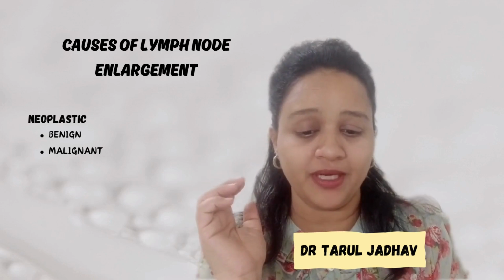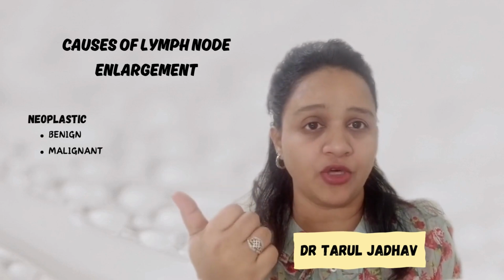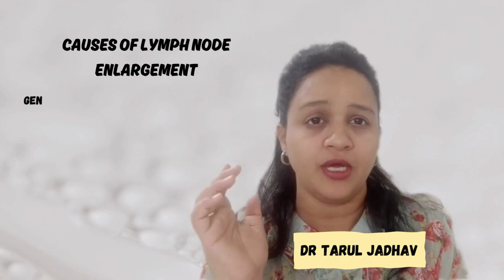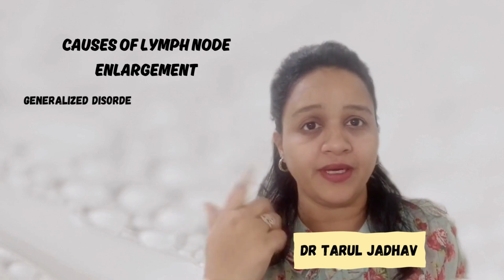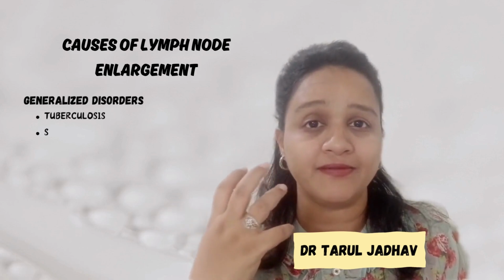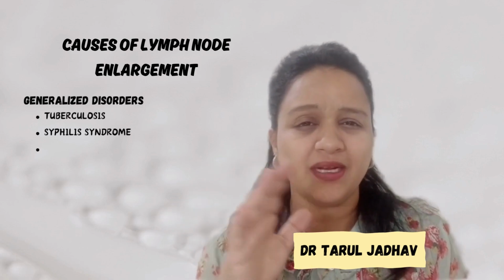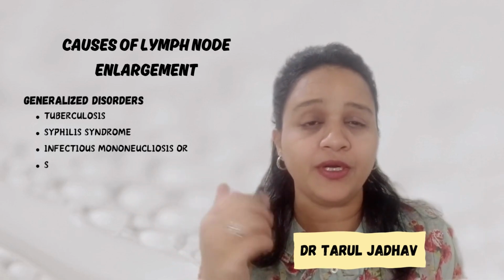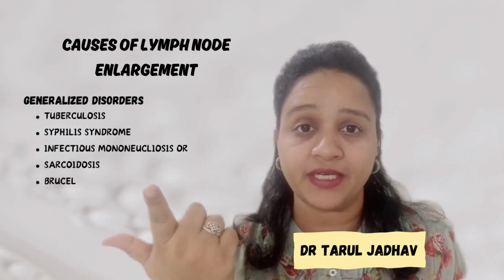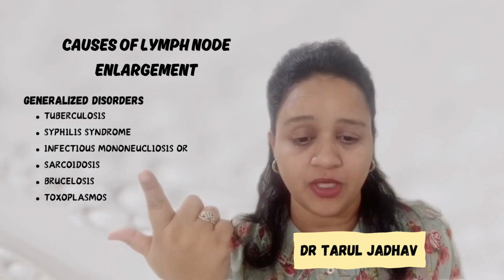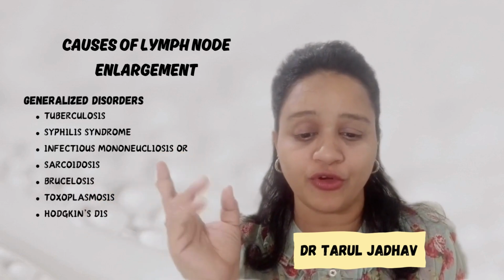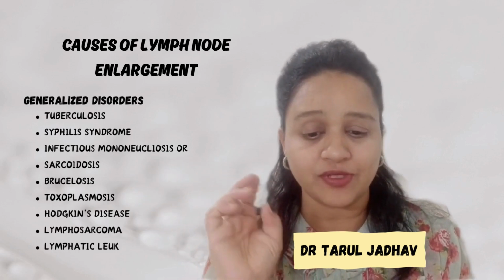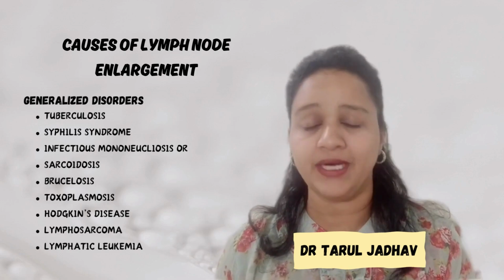Then you have leukemia, then you have autoimmune disorders, and you have generalized disorders. Now what are generalized disorders? Above, under inflammatory, I also mentioned granulomatous lymphadenitis. Similarly here, generalized means any random cause. This could be tuberculosis, syphilis, infectious mononucleosis, sarcoidosis, brucellosis, toxoplasmosis, Hodgkin's disease, lymphosarcoma, and lymphatic leukemia.